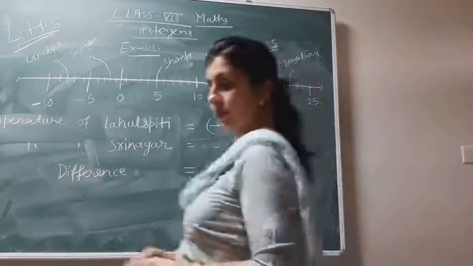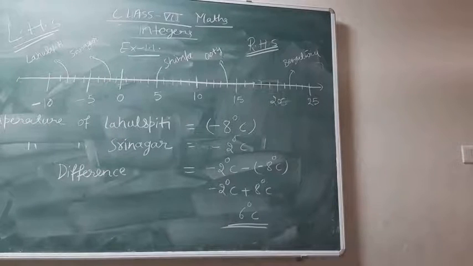Now fourth, D part. Can we say the temperature of Srinagar and Shimla taken together is less than the temperature at Shimla? Now the temperature of Srinagar and Shimla taken together means they will be joined and then compared with the temperature of Shimla.